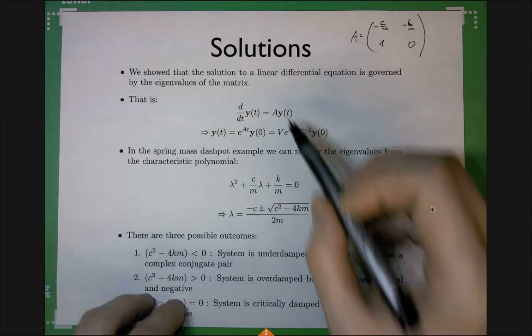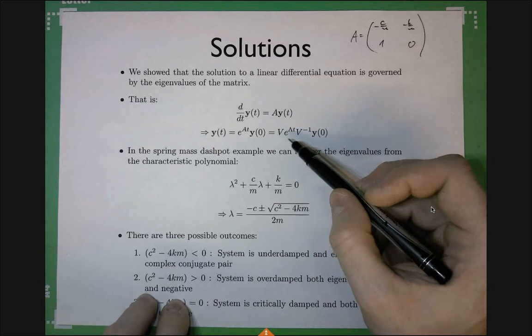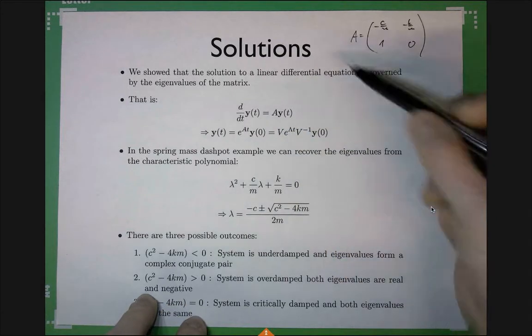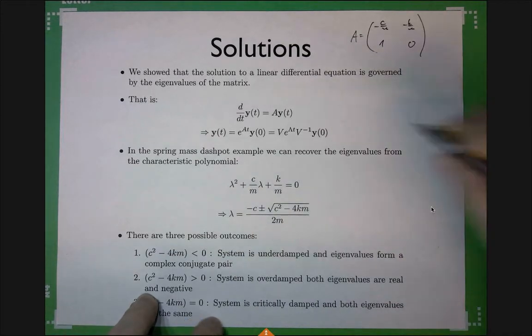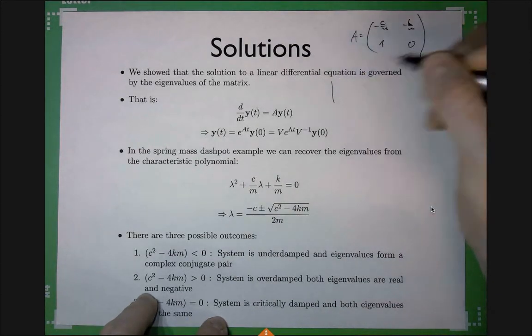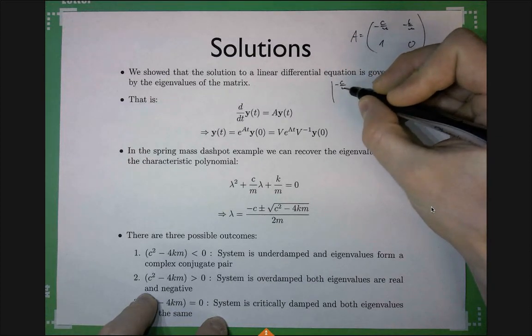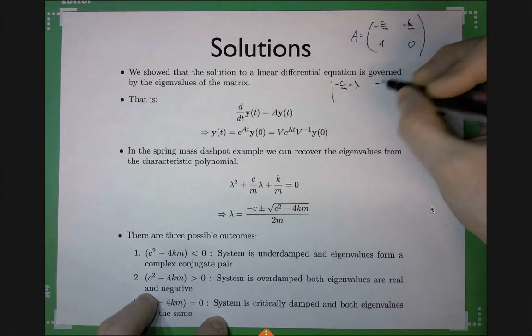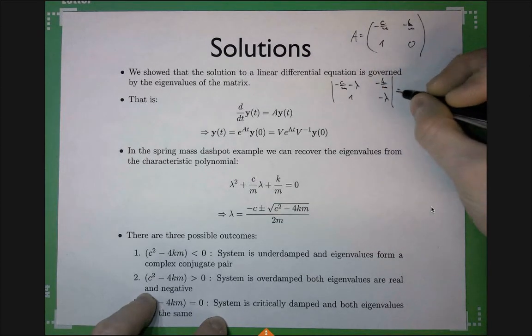So the only tricky part there is finding the eigenvalues and eigenvectors of this matrix, right? So let me quickly do it here. I need to compute the determinant of the characteristic polynomial. So this is the characteristic polynomial, right?